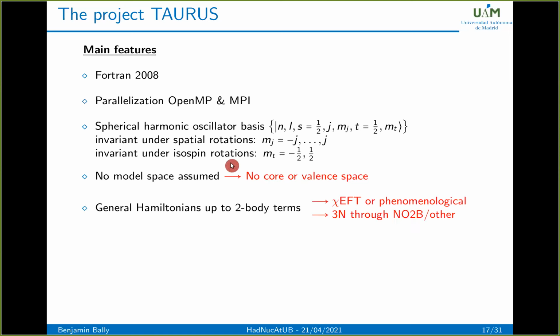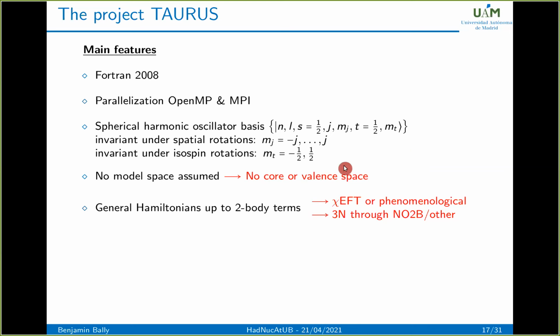We also do not assume any shape for the Hamiltonian. The only restriction is that we can at maximum consider 0-body, 1-body, and 2-body terms. So no full 3-body terms. And with that, we can perform calculations using matrix elements coming from chiral EFT, or using shell model interactions, such as the ones used, for example, in the code Antoine.